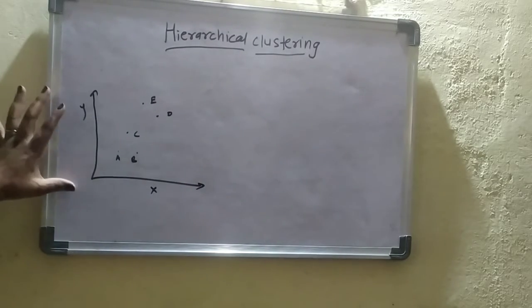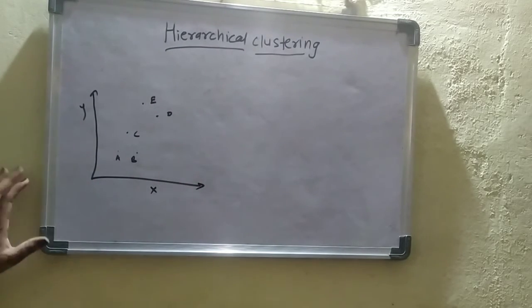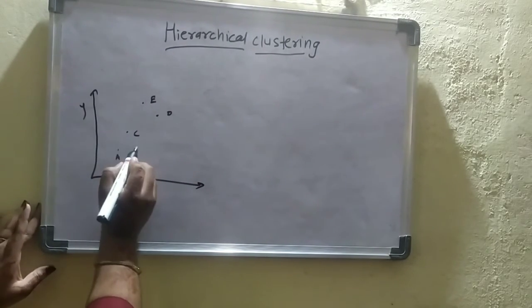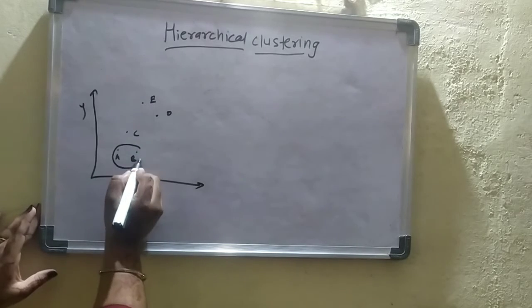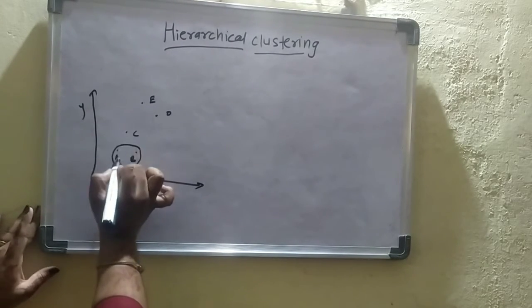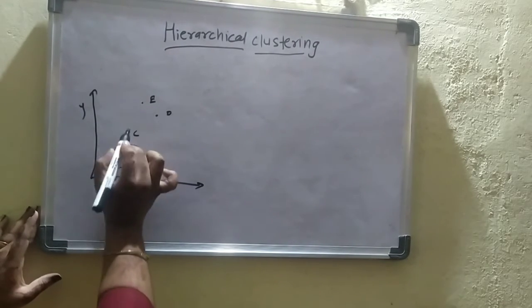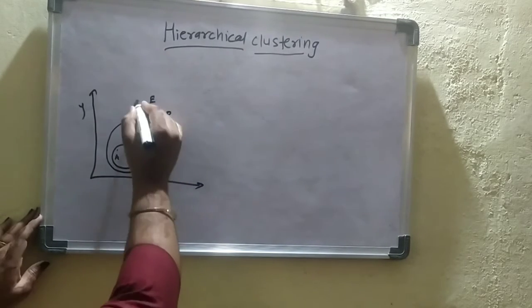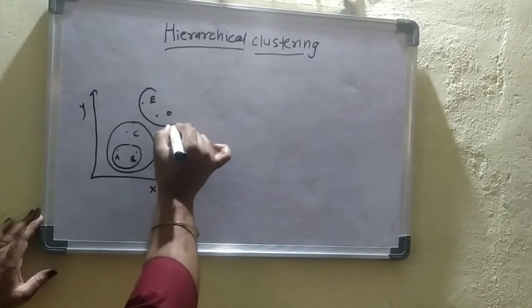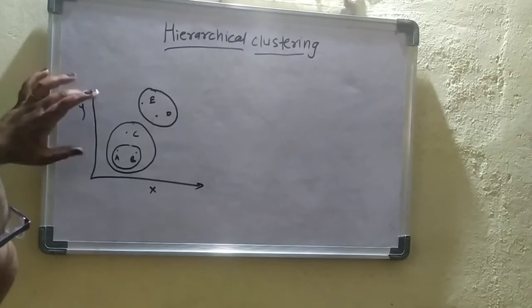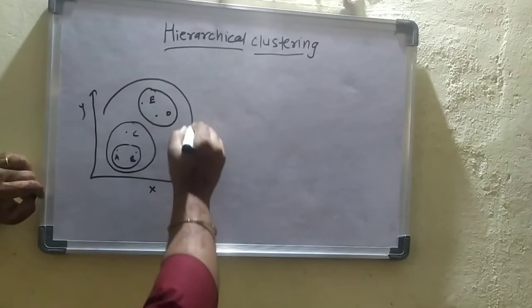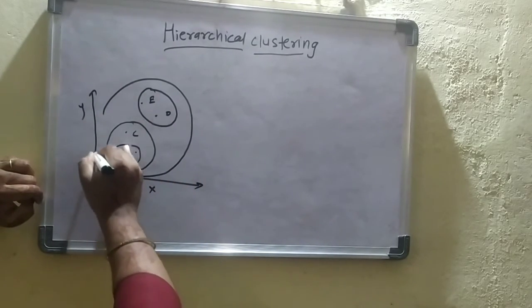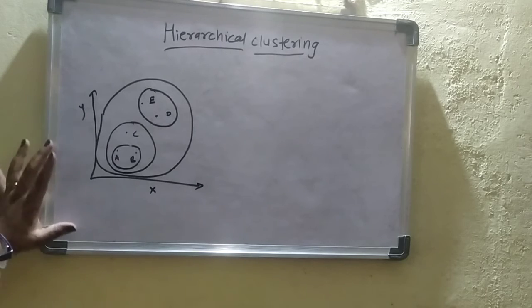So if we have 5 data points, and we can see these two data points are closer, so these two are in one cluster, and this is somewhat distant from these two, and so these three form a new cluster. These two are nearby, so these two form a new cluster, and totally these are in a single cluster. So this is the overall structure of a cluster.